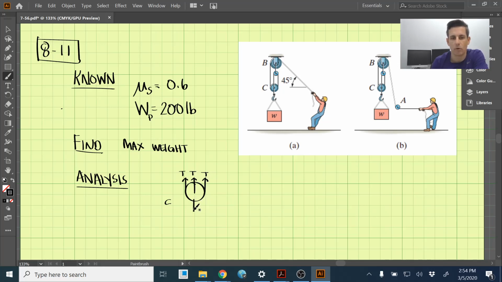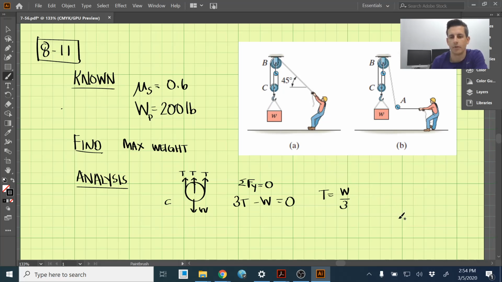And then downward, we have the weight, which we're trying to find, this maximum weight. So if we do the sum of the forces in the y direction and set those equal to 0, we have positive 3T going upwards, W going downwards, setting those equal to 0. We find the tension here is W over 3. So the tension in the cable is a third of the total weight.